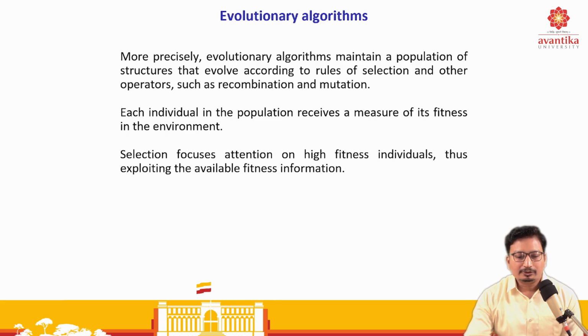Each individual in the population receives a measure of its fitness in the environment. The selection focuses attention on high fitness individuals, thus exploiting the available fitness information. It is similar to a process of selection. We can understand this concept of evolutionary algorithms with the process we generally use in the campus selection of students. When students sit in campus placement, a number of students are competing for selection.